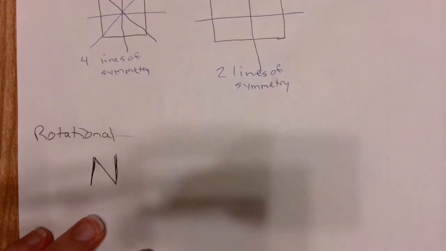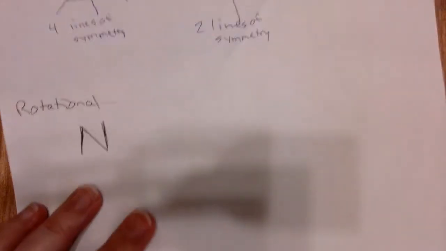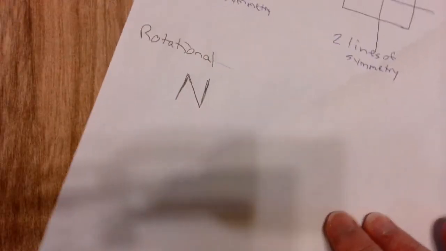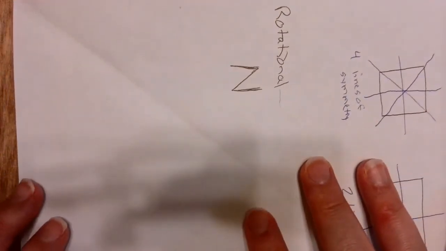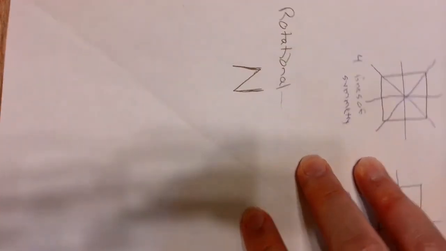A capital N. Now maybe you've noticed this before. If you take the letter N and you start to turn it, is that a letter N? No, that's a Z. But if you keep turning it right there, it's the letter N again. How far did we turn the paper? Well, you can see the word rotation. It's upside down.